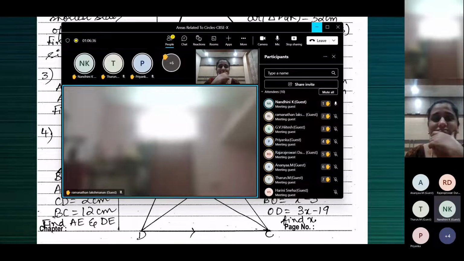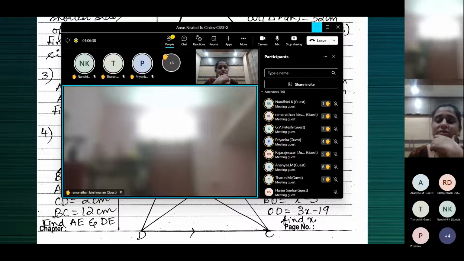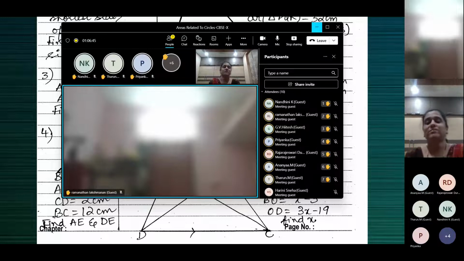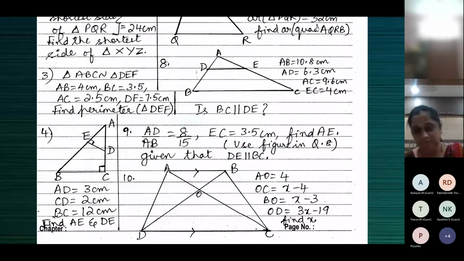Ma'am, it is parallel, ma'am. It is parallel. Okay. Yeah, Priyanka, read out your steps. Yes, ma'am. First I've written the given: AB is equal to 10.8 centimeter, AD is equal to 6.3, AC is equal to 9.6, and EC is equal to 4.